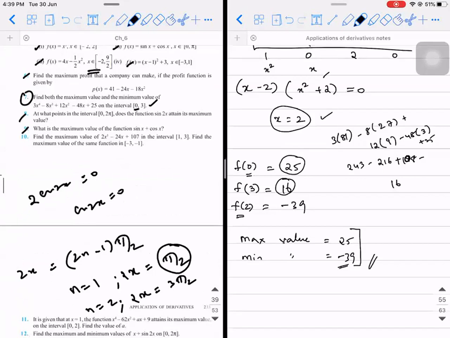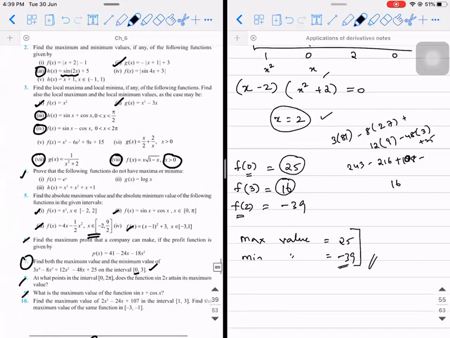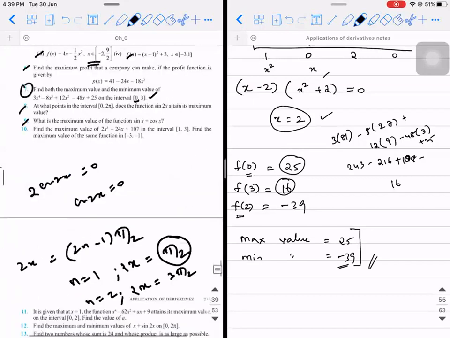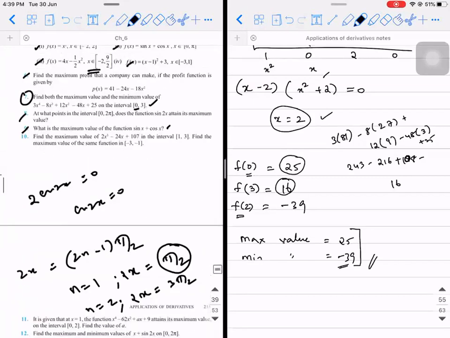Root 2. It's root 2. It's a repetition. The only difference is sin x plus cos x. In the previous one the domain is restricted; here the domain is not restricted. What will be the domain for this? All real numbers. So here x belongs to all real numbers.